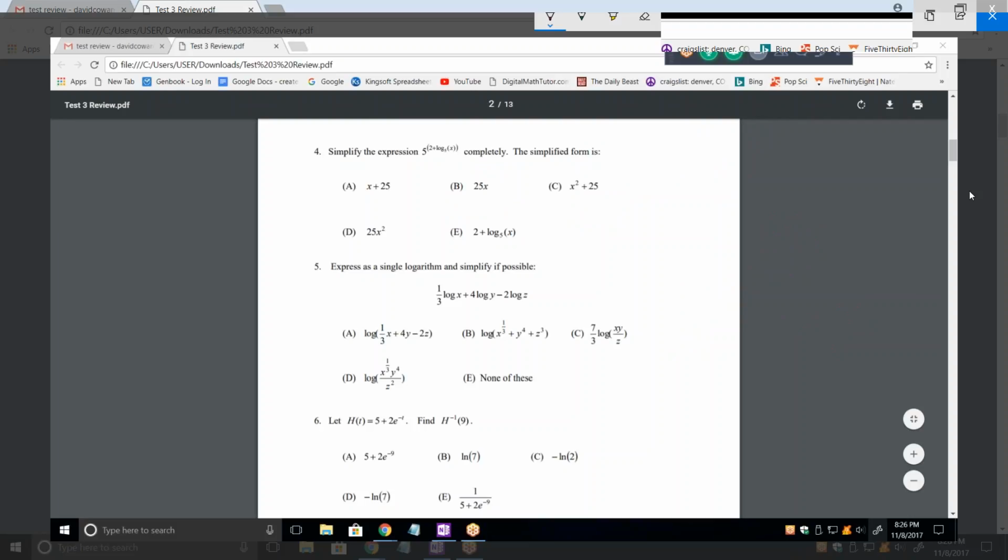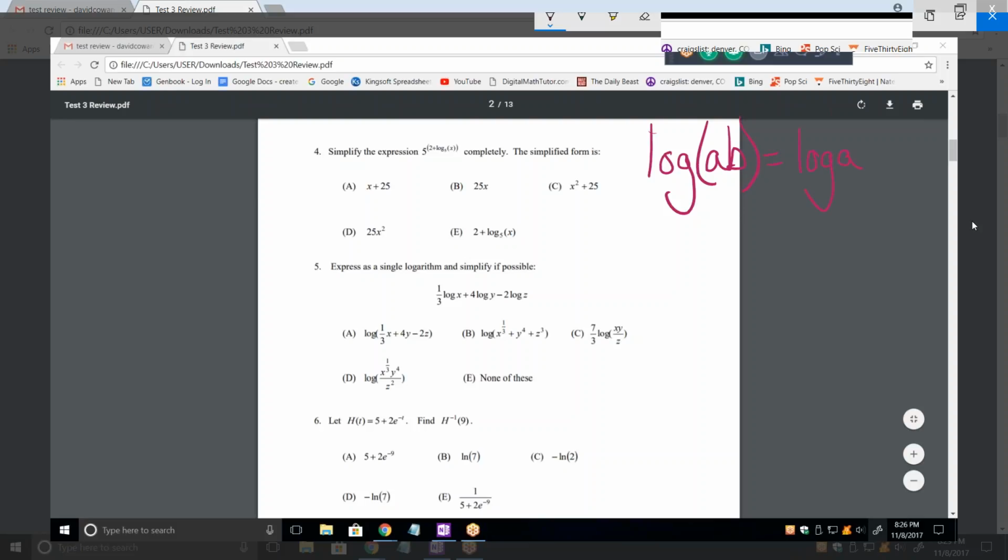Express as a single log and simplify if possible. Okay, do you know the 3 log rules, the main 3 log rules? I'll write them on here once, but I really want you to memorize them. What's the log of a times b equal to? I do not know.